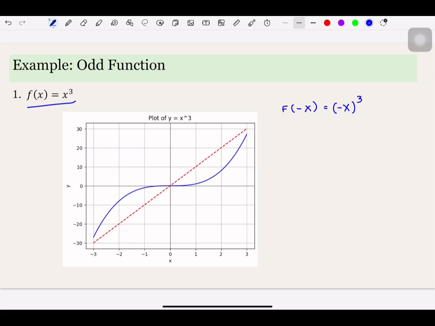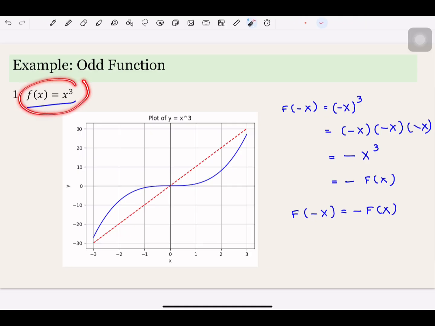This means you multiply negative x three times by itself. A negative multiplied by a negative is a positive, and a positive multiplied by a negative gives you a negative value. So it's going to be negative x to the power 3. Here you can rewrite this as negative f of x. So f of negative x is equal to negative f of x, which means f of x is an odd function.